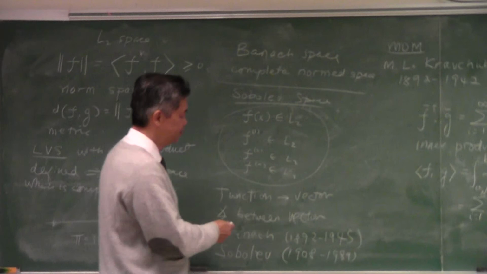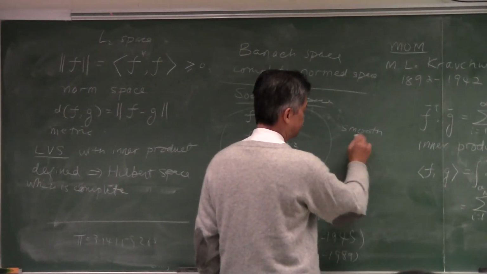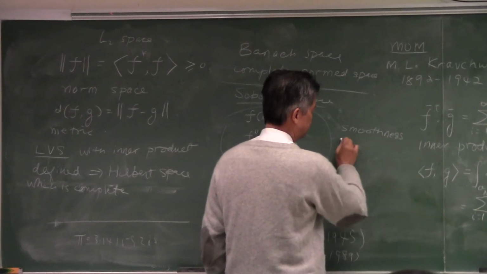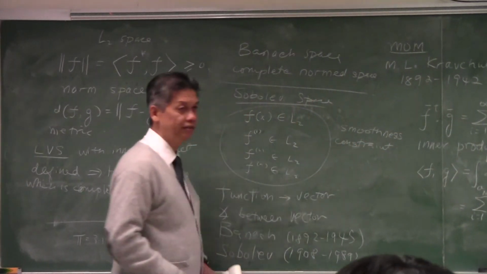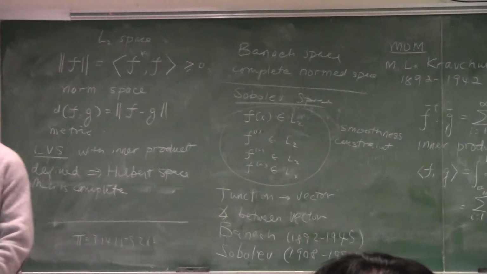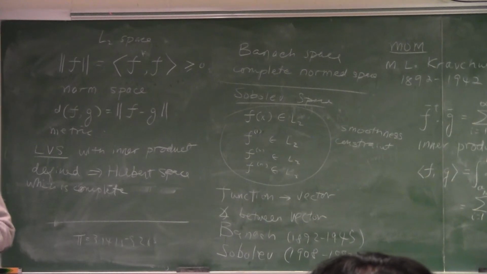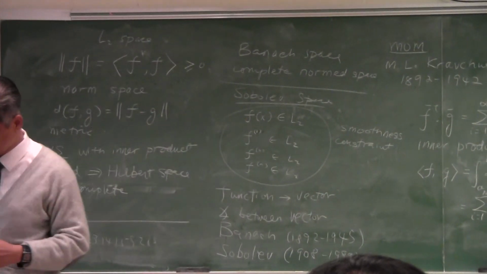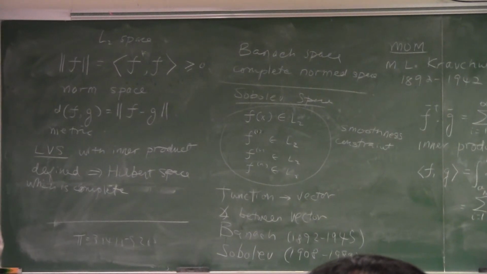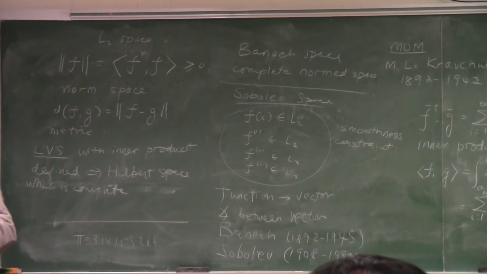So there is a kind of smoothness constraint. Not all functions can be members of the Sobolev space. The function has to be smooth enough so that if you take its nth derivative, where n can be a finite number, or maybe a second derivative, then that resultant function is still in L2 space. So the function has to be smooth enough.